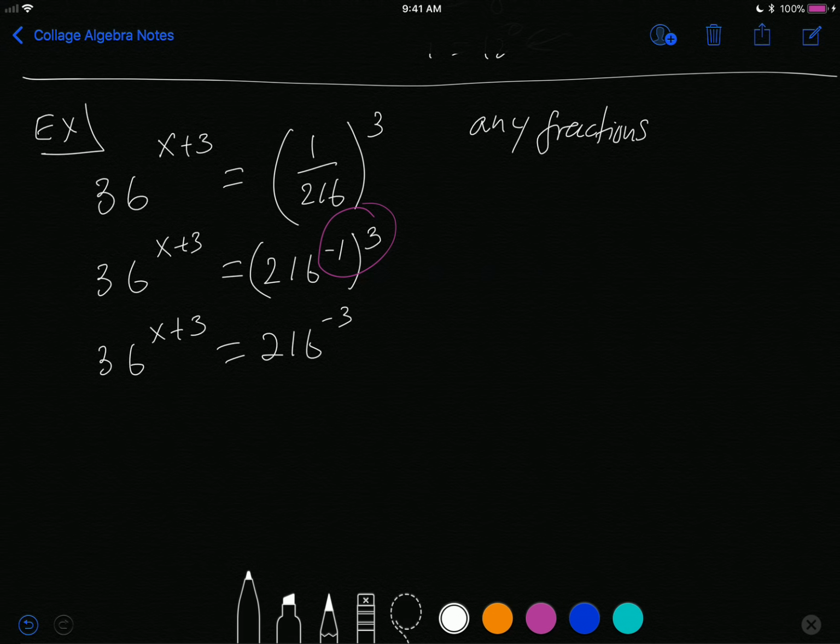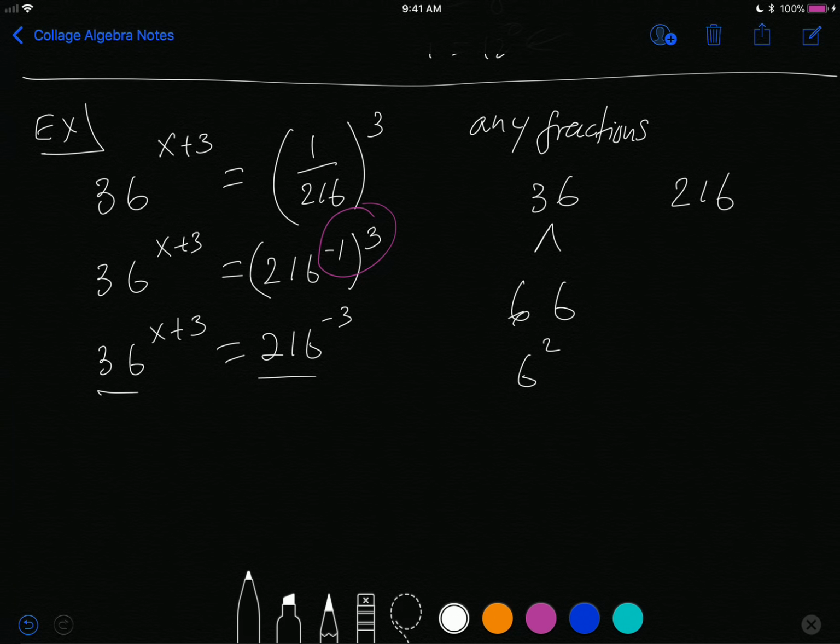Now that I have this right here, I ask myself, well, are the bases the same? The answer is no, they're not. So, can I make them the same? And the answer is, yes, I can. To do that, I've got to do a factor tree for 36. But I'm not just going to do any factor tree. I've got to get the bases the same. And so I know I'm going to have to use 6's. 6 squared is 36.